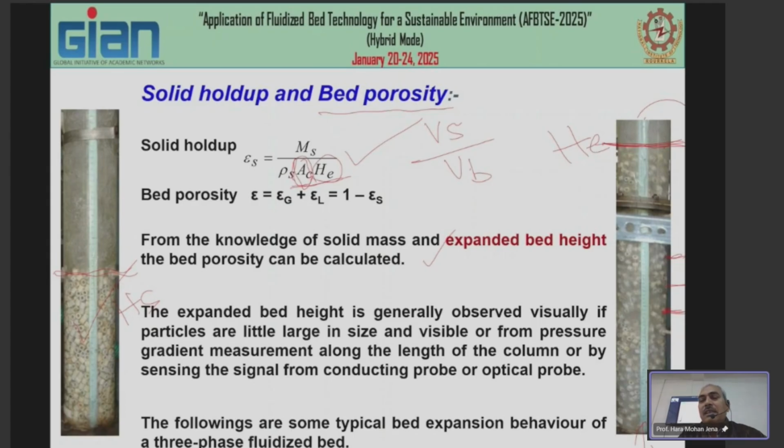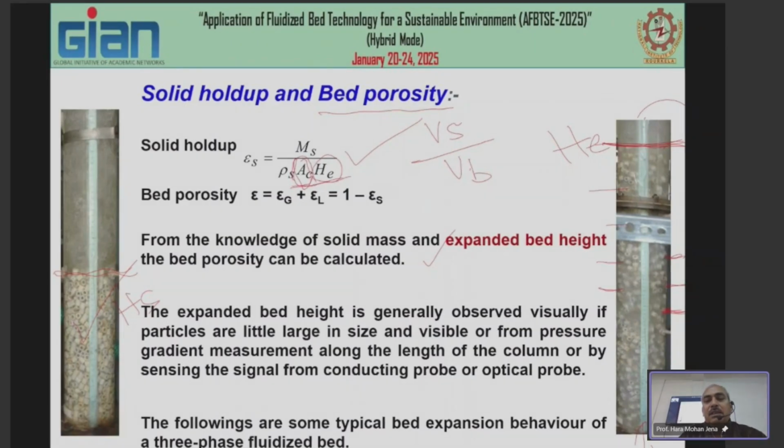Using that we can find the bed height, or otherwise use the pressure gradient. Pressure gradient means the total pressure drop upon the height of the bed. So if you have pressure ports at different locations and you measure the pressure drop using those ports, the expanded bed height can also be known. If the solid particles are below this port, your pressure gradient will be something for gas-liquid phase only.